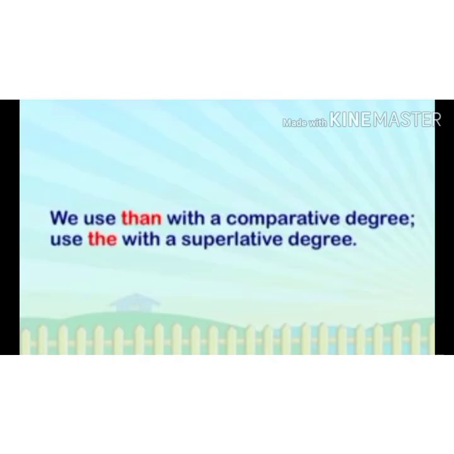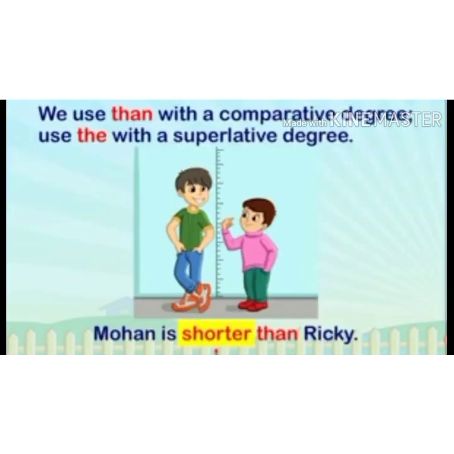Whenever we use the comparative degree and a superlative degree of adjective in a sentence, we use than with a comparative degree, and also we use the with a superlative degree. Let's take an example here. Mohan is shorter than Ricky.